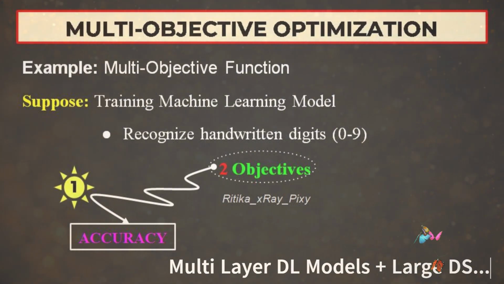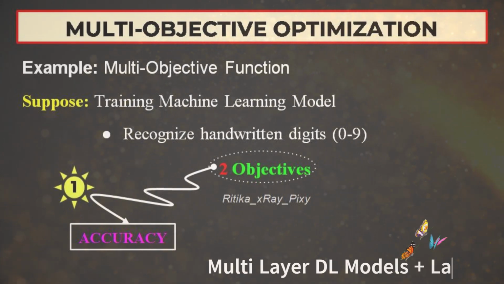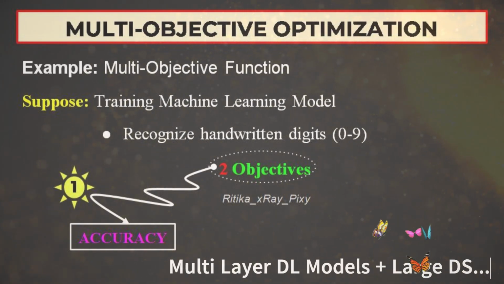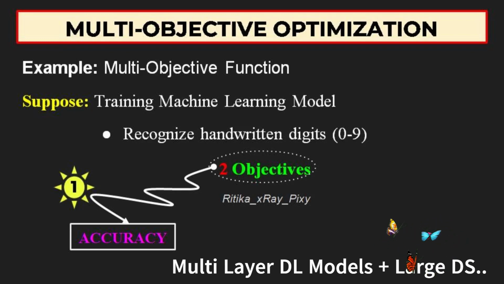We need to fulfill both objectives, accuracy plus speed. But if you will just focus on the accuracy and use different deep learning models with multiple layers and use large data set, then it will be more time consuming. No matter if your accuracy rate is very high, it is 100% accurate, but it will affect the speed. It will take more time for the recognition.